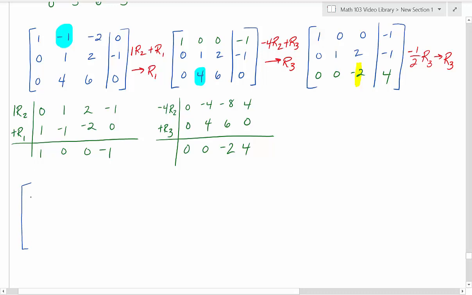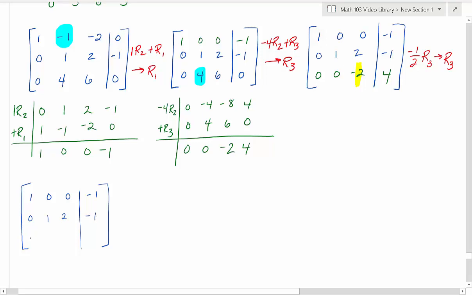I'm going to write my rows 1 and 2 down first. And now multiply my third row by negative 1/2.